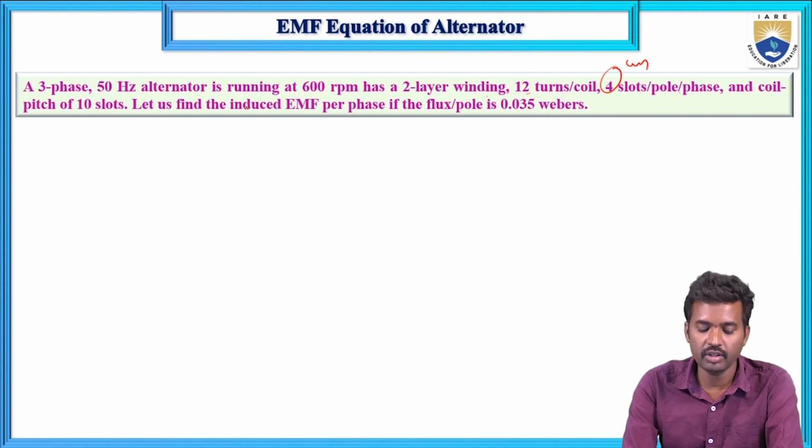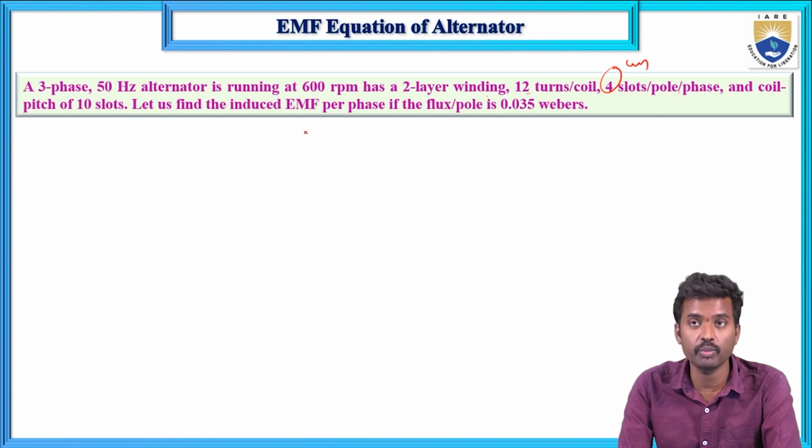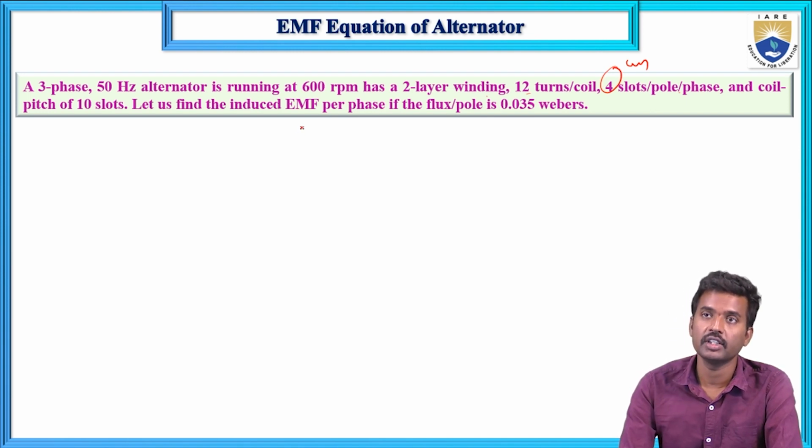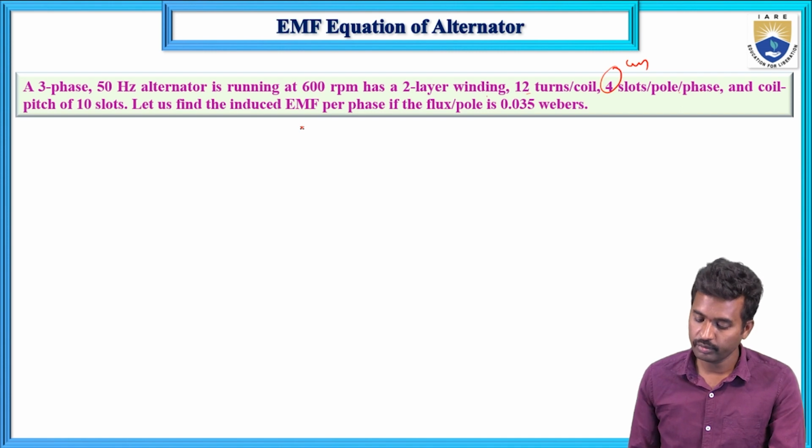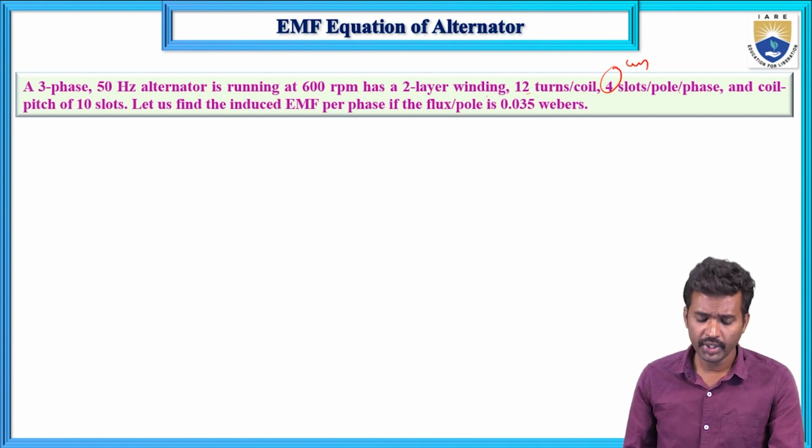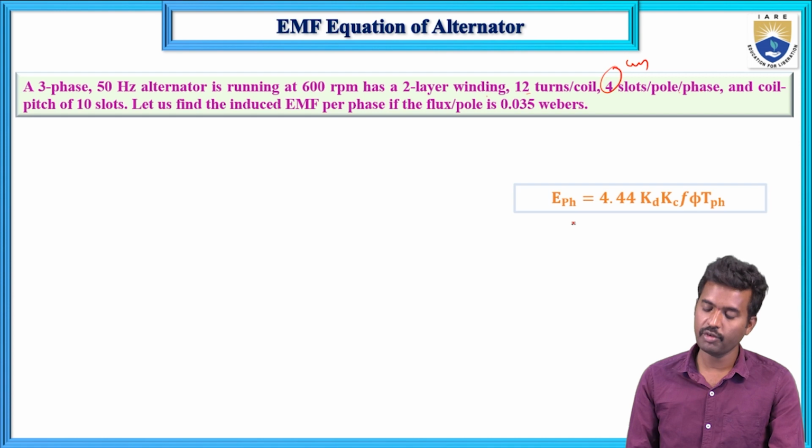Let us find the induced EMF per phase, E phase, if flux per pole is 0.035, 35 milliwebers. Now here, how will you calculate this? So solution for this. First, the induced EMF formula.